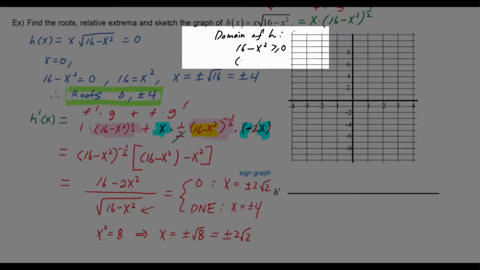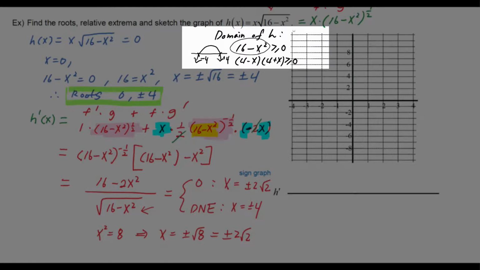And this will be 4 minus x, 4 plus x has to be greater than or equal to 0. And you could draw the number line and find out on what interval of x this is positive, but to save time, you can sketch this really quick. Since the leading coefficient is negative, it's a parabola upside down, and your x-intercepts are, as you see, negative 4 and positive 4.